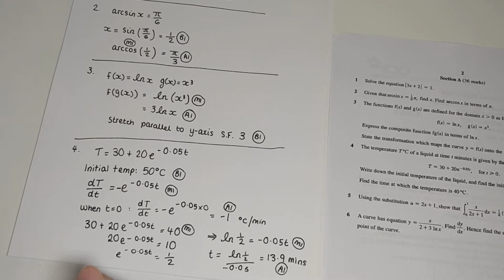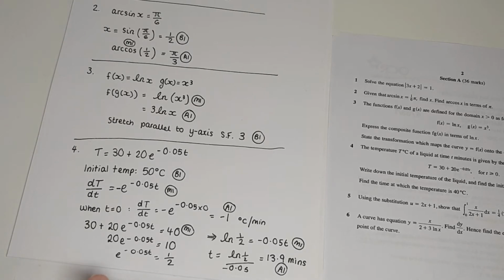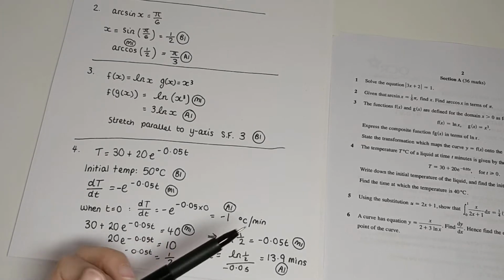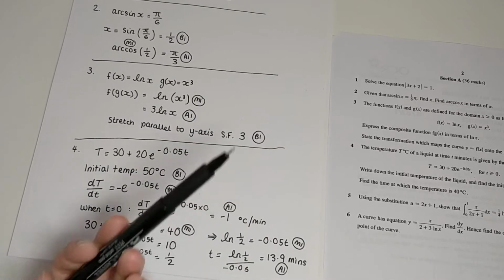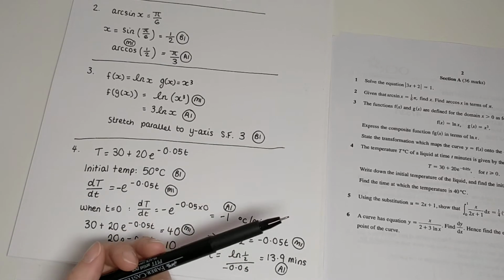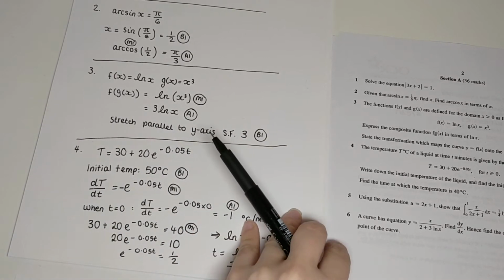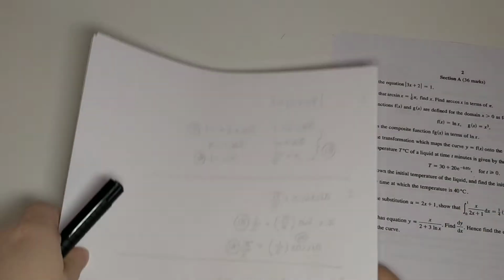It says 13.86 or 13.9 or 13 minutes 52 seconds or better. Condone seconds. So if you accidentally wrote 13.9 seconds, you'd be okay. Interesting. See, sometimes examiners are nice.